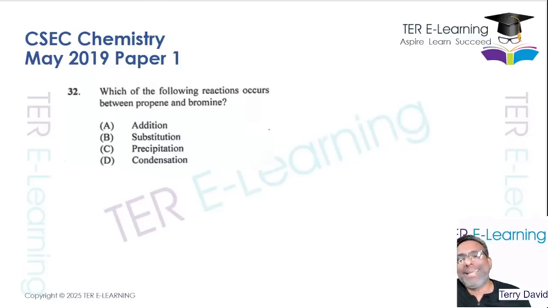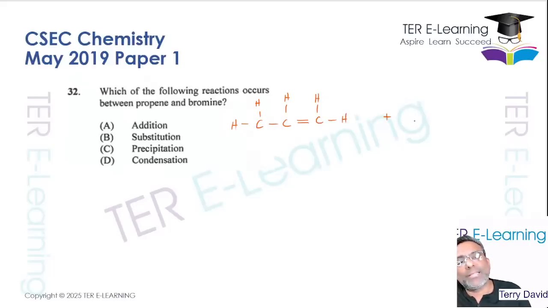Now, propene is an alkene. So propene looks like this. Propene is 3 carbons, and we expect it to have 1 double bond. So this here is propene, or what we refer to as 1-propene.